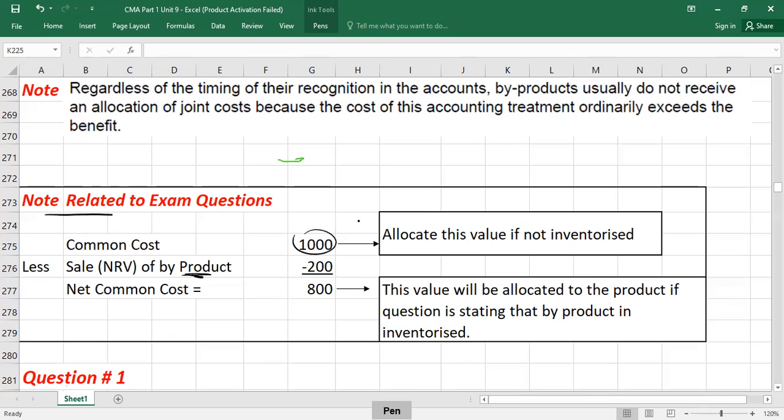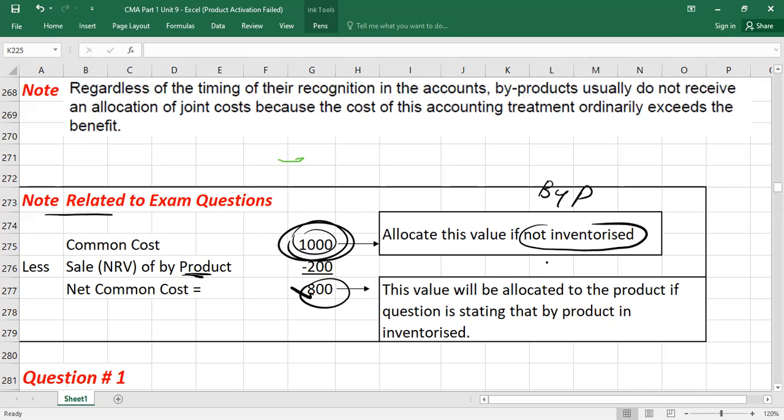Now the point is that I am confused. Should I allocate this common cost to the main product? This 800 means after deduction of the byproduct. Please remember guys, they use this trick in the question. If the question says the byproduct is not inventorized, then we will allocate the common cost to the product.